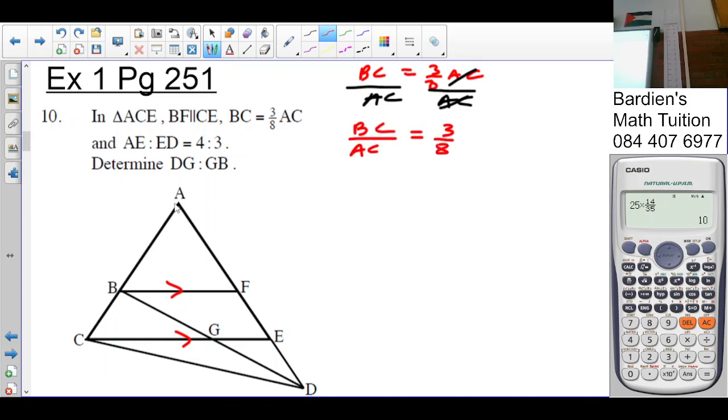So what do I do now? I introduce my K. So that's going to be 3K over 8K. So BC is 3K, AC is 8K, which makes AB what? 5K. If needed, that is 5K. Okay, you guys understand? I take this off here. I can see it's 5K in my head.